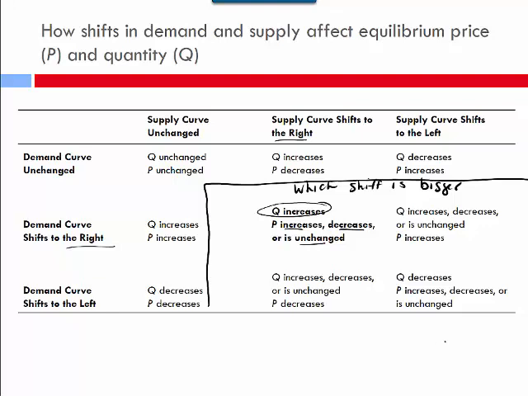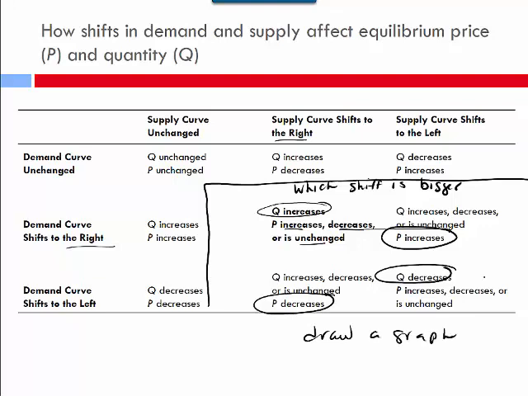So in each of these situations, one thing is guaranteed, okay? One thing is guaranteed, and the other one you don't know unless you see it on a graph, because it depends which one is bigger. So I always recommend on all of these drawing a graph to do it. Most of the time, if they don't tell me, I shift them the same. But if they told you one was bigger, then you could do it.